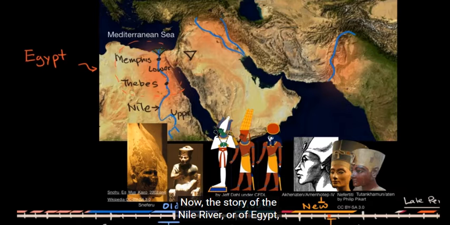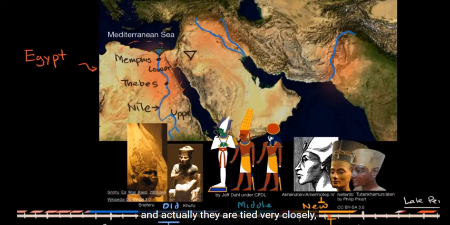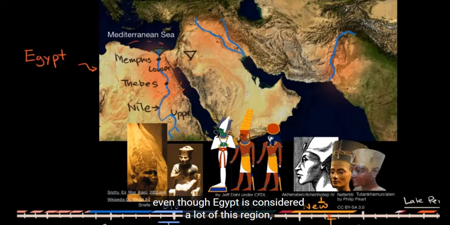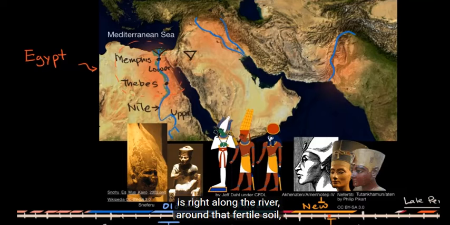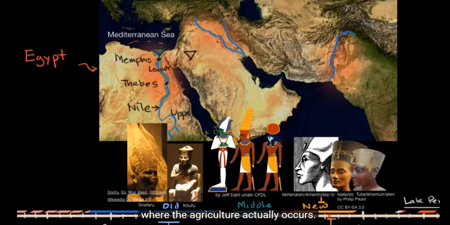Now, our story of the Nile River, or of Egypt, and actually they are tied very closely, even though Egypt is considered a lot of this region, most of the human population, this is true even today, is right along the river, around that fertile soil where the agriculture actually occurs.